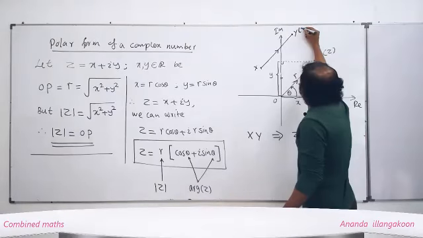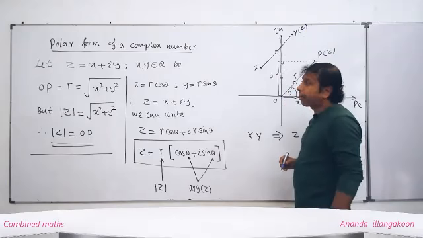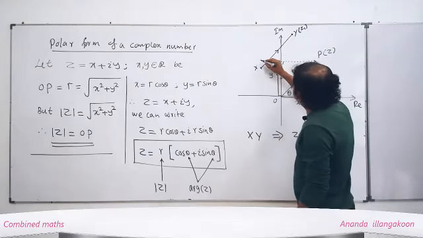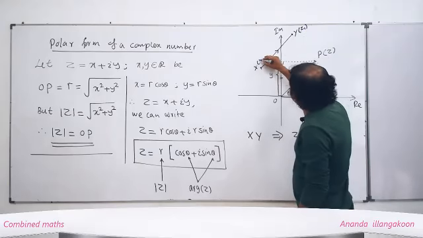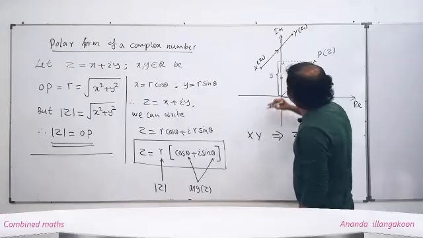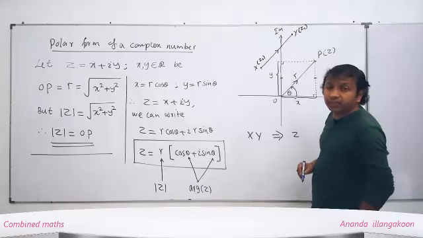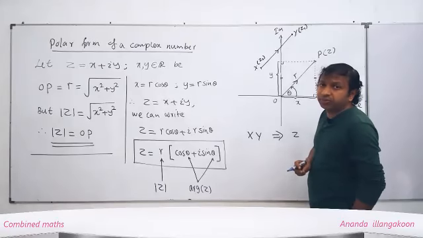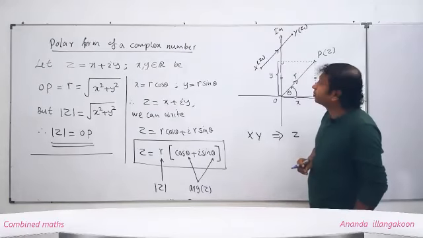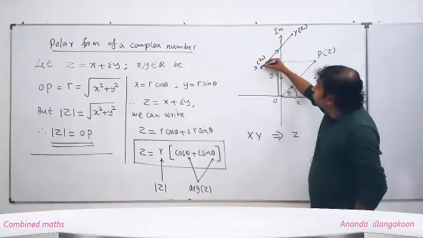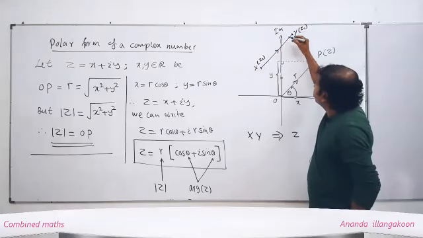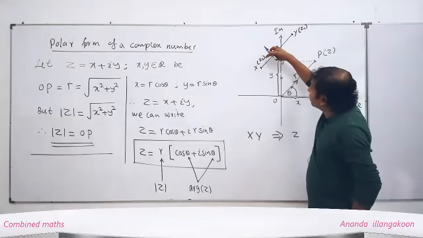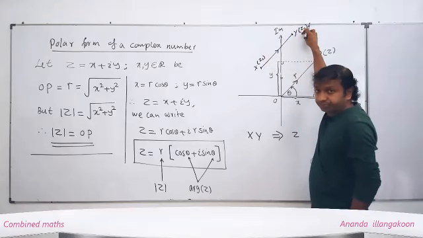Suppose the point Y represents the complex number Z1, and point X represents the complex number Z2. Because point X is a point on the Argand plane, that should represent a complex number. We said earlier that any point on the Argand plane represents a complex number, no? So these two points, X and Y, represent the complex numbers Z2 and Z1.